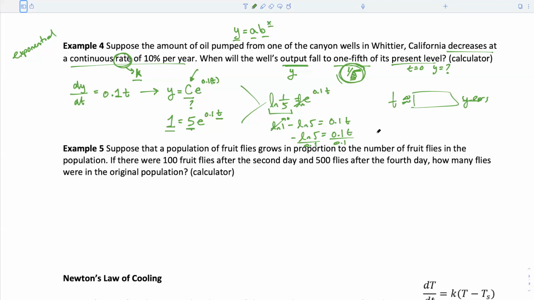All right, example 5. Suppose that a population of fruit flies grows in proportion to the number of fruit flies in the population. So it growing in proportion means that this is an exponential function, specifically an exponential growth function.